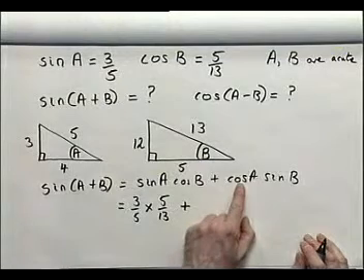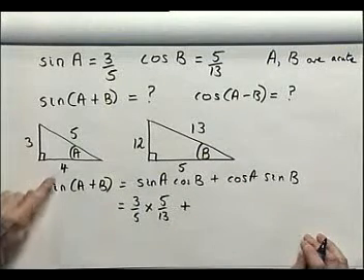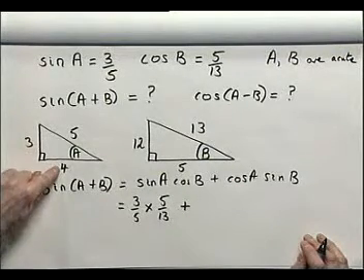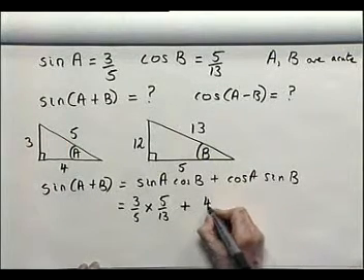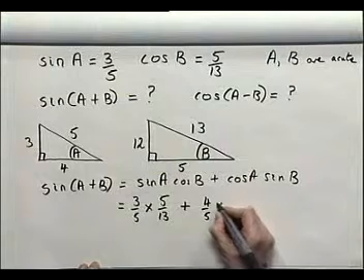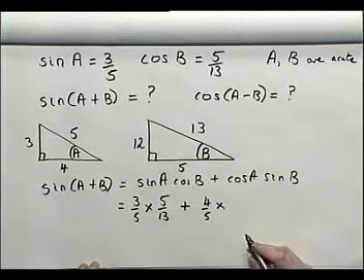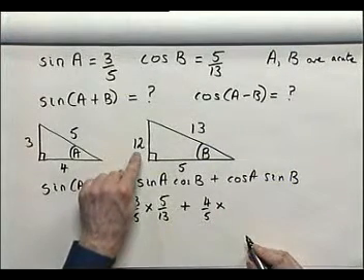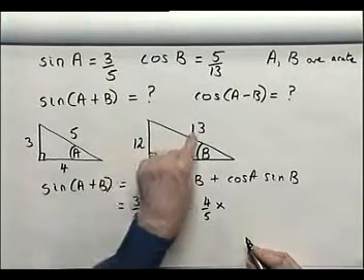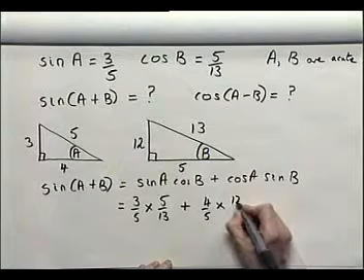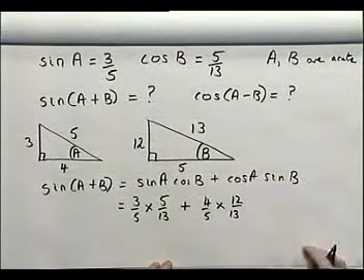Plus cos A. We can read cos A off here. It's adjacent over hypotenuse. So it's 4/5. Times sine B. And we can read sine B off this triangle. It's opposite over hypotenuse. 12/13.